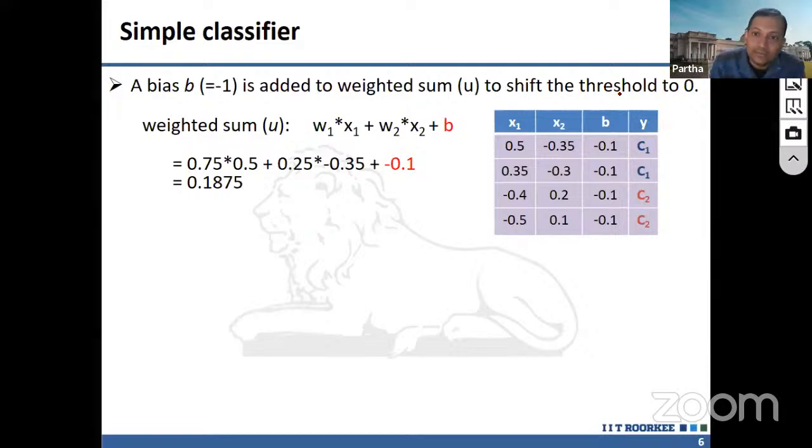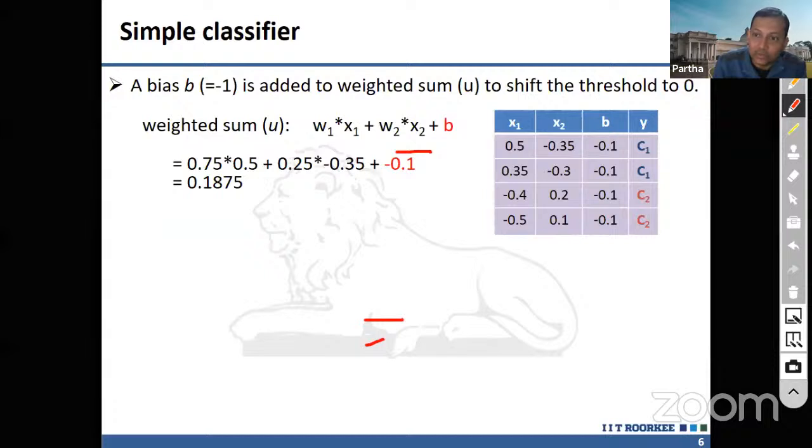As I said, we have a threshold of minus 0.1. We have these two features, x1 and x2, and this is the class level target. We use w1 as the multiplication factor for x1, and w2 for x2.